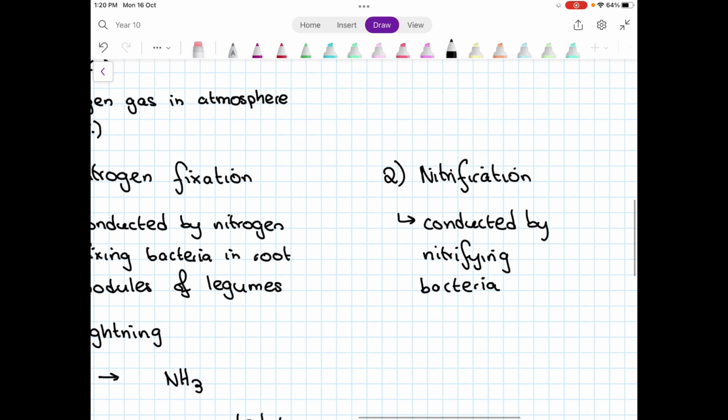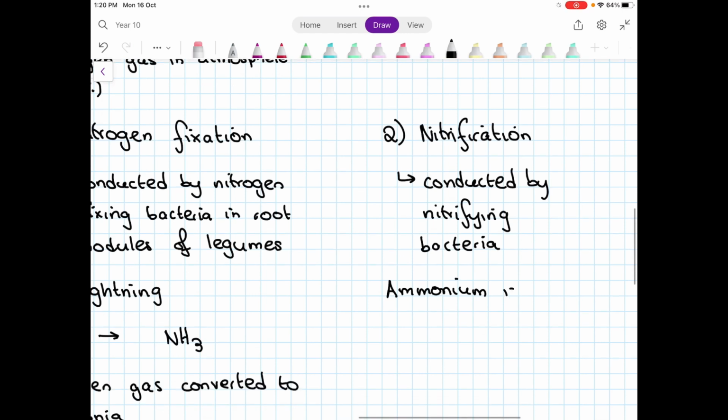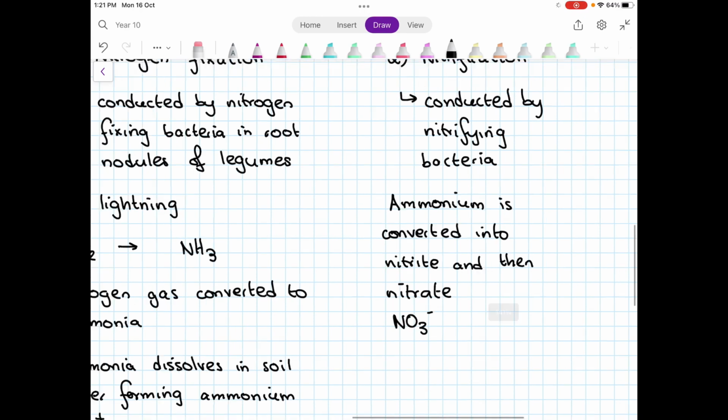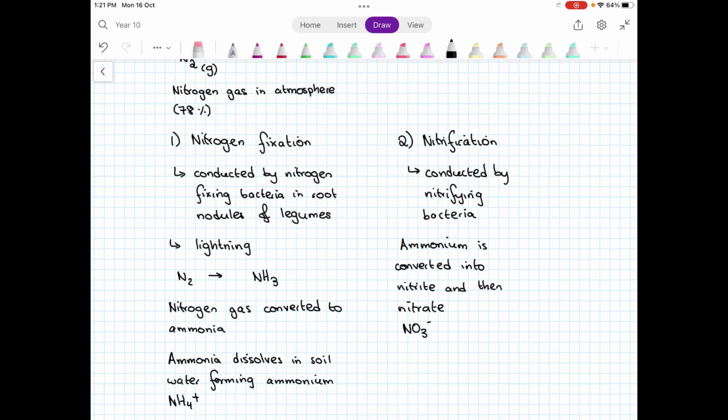And what happens here is that ammonium is converted into nitrite and then nitrate. And nitrate has the formula NO3- because it's once again an ion.